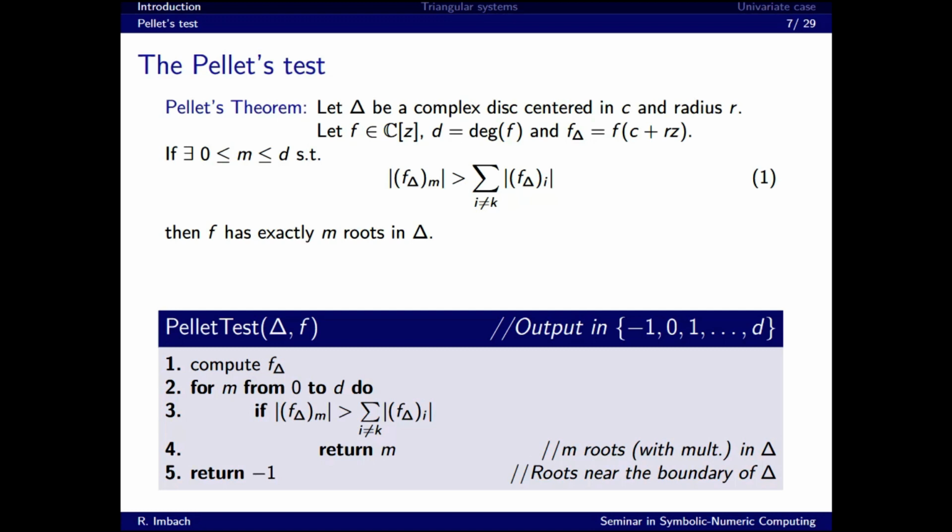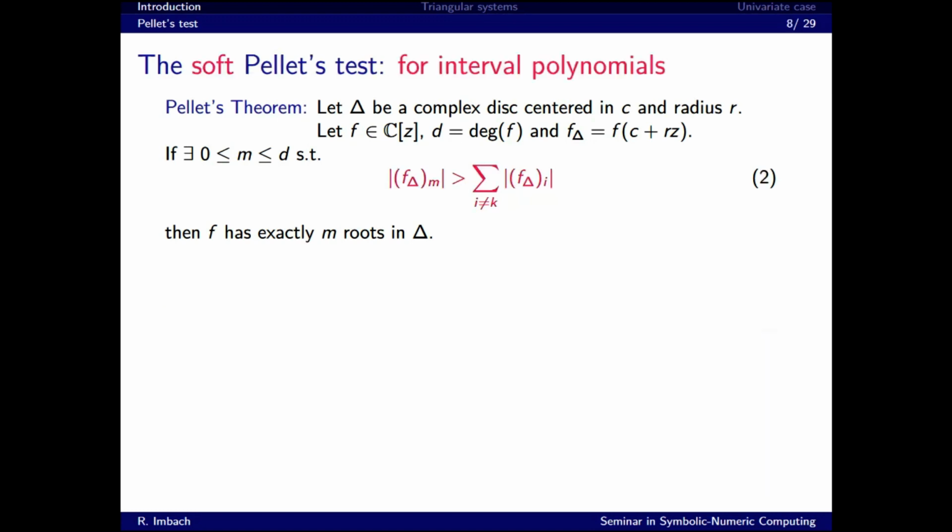Now this is for a polynomial that is known exactly, but we want to do this first for interval polynomials. So we need to decide this inequality when the coefficients of the polynomials are intervals.